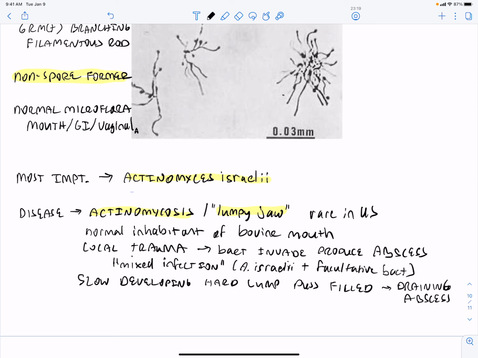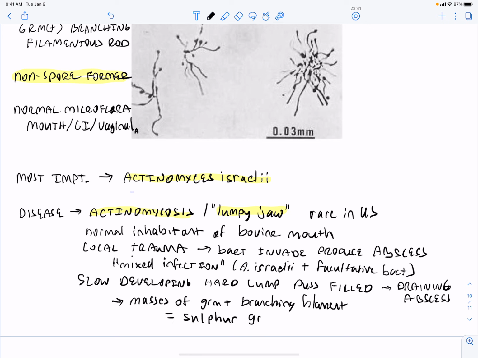And then this is going to be a mass of gram-positive branching filaments termed sulfur granules. And the treatment is going to be long-term penicillin with surgical drainage.